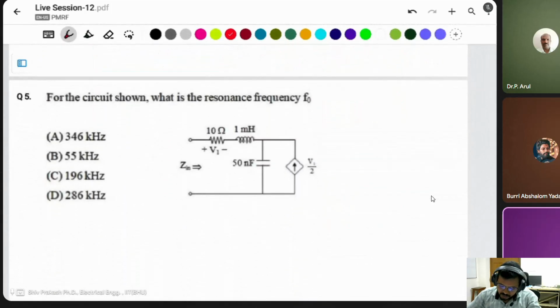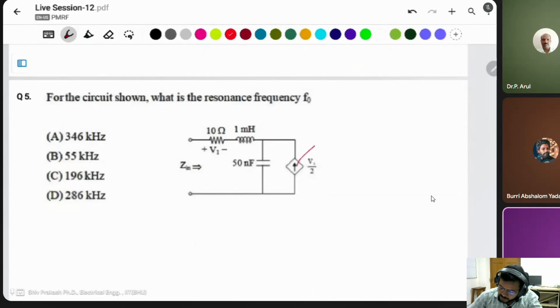For the circuit shown below, what is the resonance frequency f naught? It is asking for the resonance frequency in this circuit. Again it is an RLC circuit, but not the simple RLC circuit. There is another element given, a dependent current source. Why a current source?